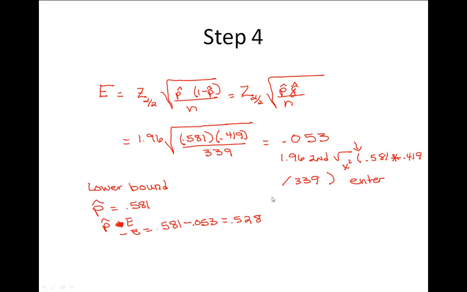And for the upper bound, we're going to take 0.581 and add 0.053, and that'll give me 0.634. Again, I've rounded to 3 decimal places and kept that consistent. Your teacher may have different rules for your rounding. Be sure to follow those.